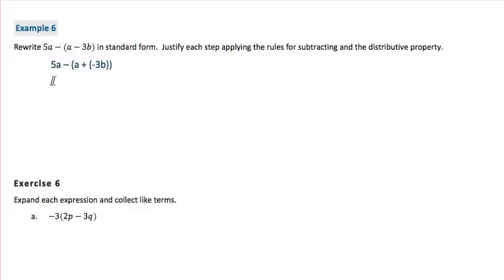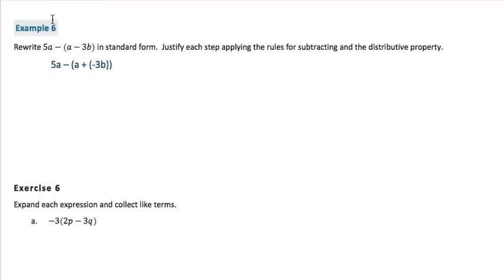Okay, then our next step. We have 5a, now we're going to change this subtraction to addition. And please notice the term after the subtraction sign is the whole term in parentheses. So everything inside the parentheses has to change. So we're changing this to plus negative a.